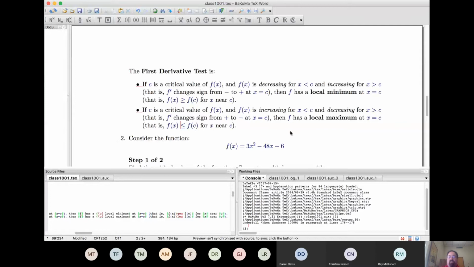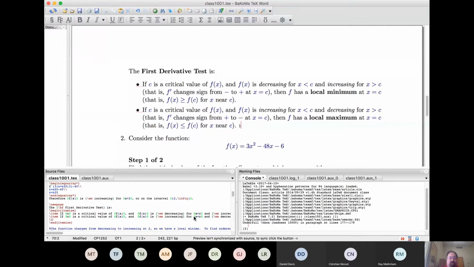And again, local, so only when considering points nearby. So it may assume a larger value elsewhere. Okay, whenever there's a sign change in the derivative, as determined by plugging in points less than and greater than c, we can determine if there's a local minimum or maximum.